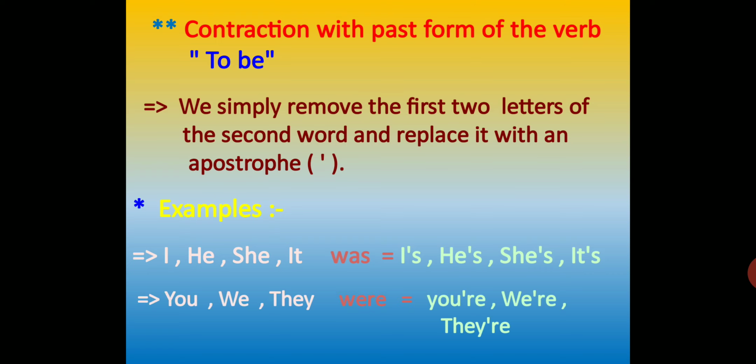You, we, they. We use were with them. You were, we were, they were. The contraction form of this is you're, we're, they're. I hope you will get clarity with these examples.